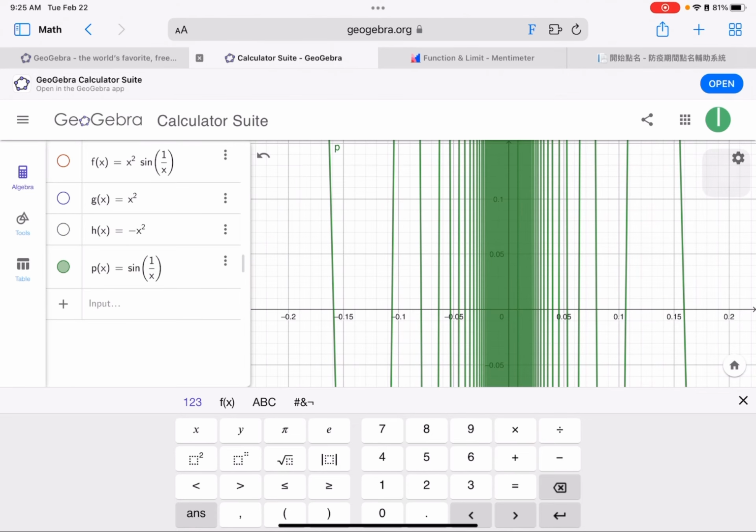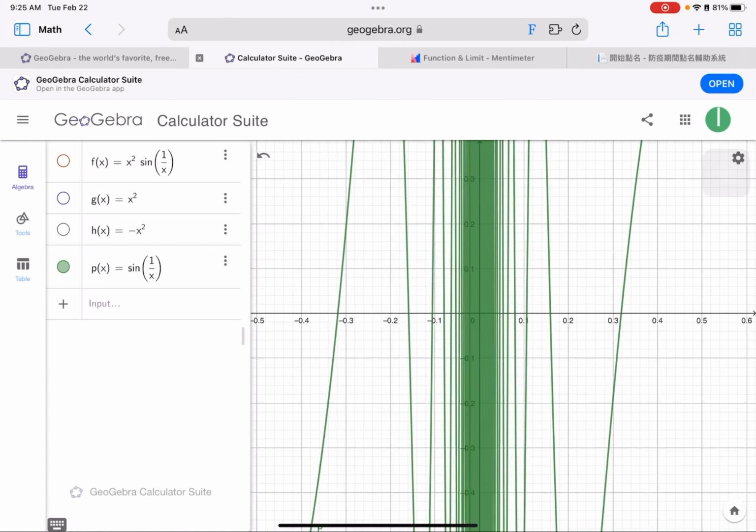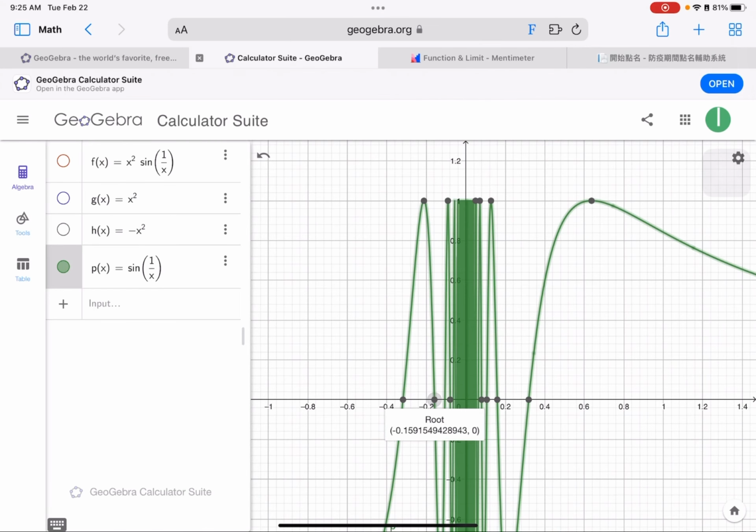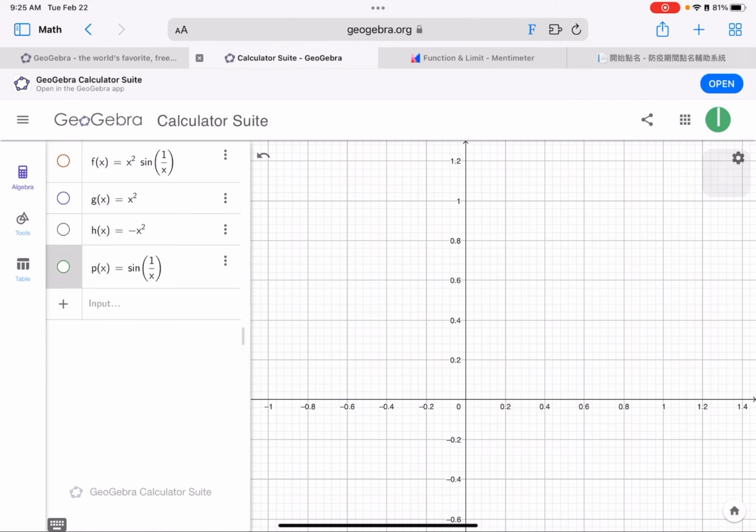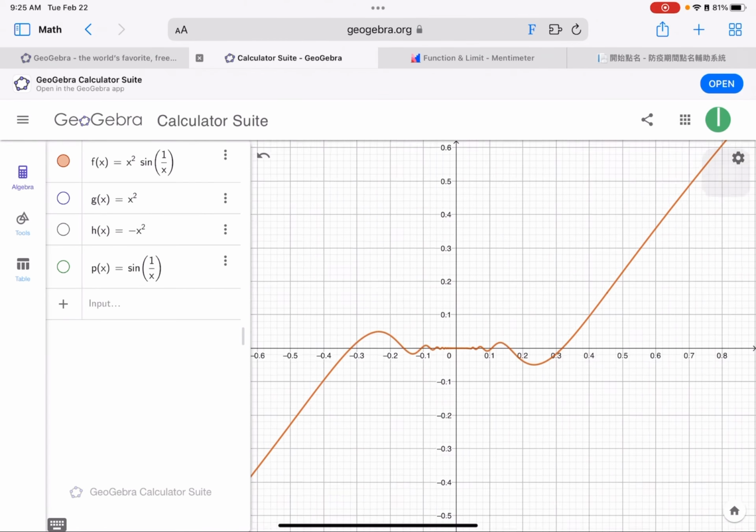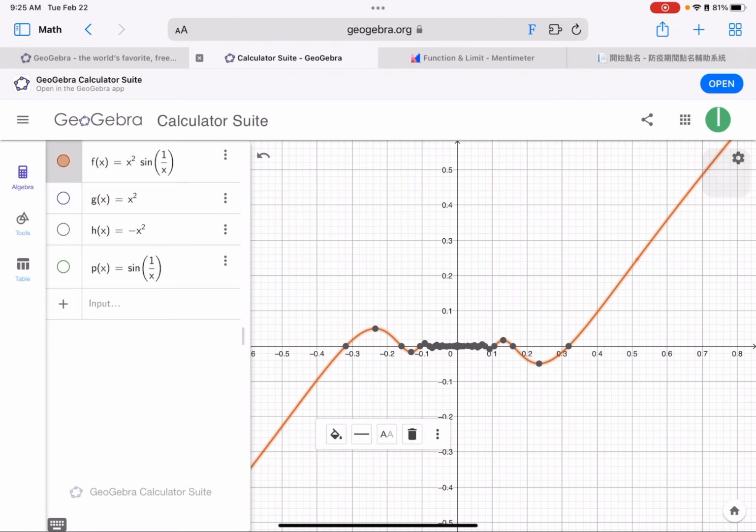Now if you look at this green curve, at 0 here, it fluctuates all the time, and we are not sure whether it's 1 or negative 1, right? Then compare with x squared sine 1 over x. It's much more converged into one point here, right?